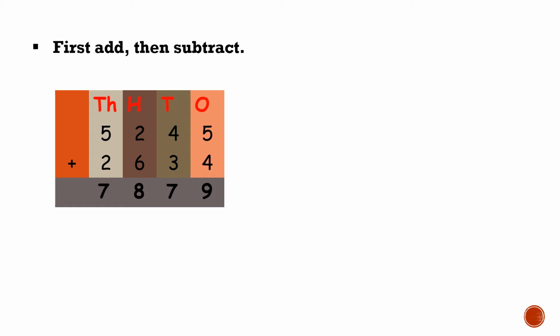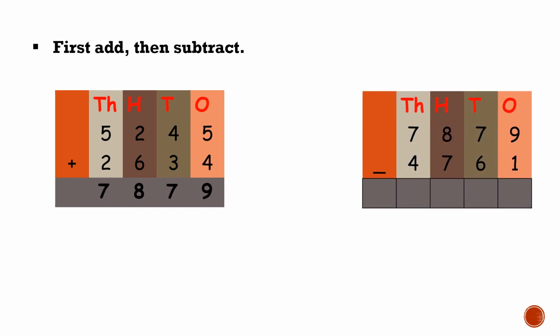4761 from the sum of the first two numbers, that is 7879 minus 4761.